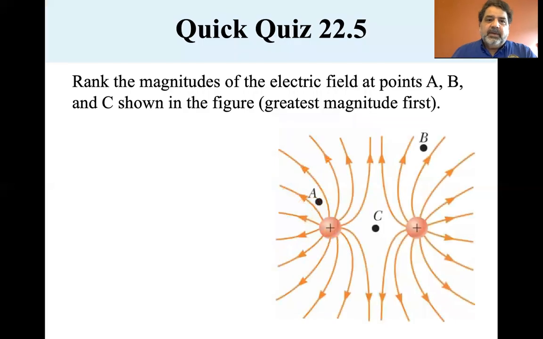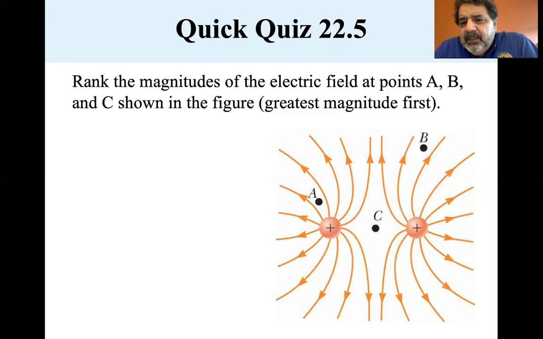Okay, rank the magnitudes of the electric field at points A, B, and C shown in the figure. Well, I would think that A is the closest to either one of the spheres, so I would call it the first one.